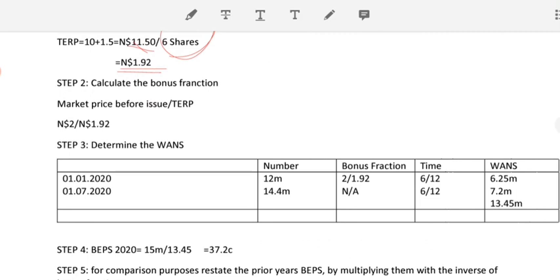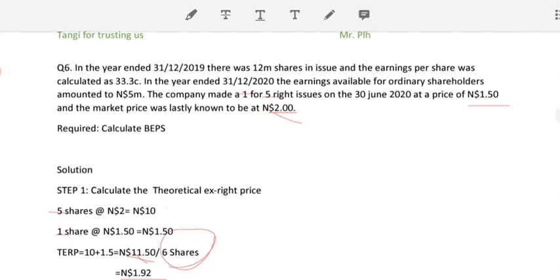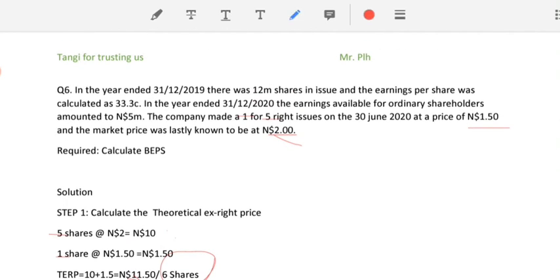Okay, starting from the 1st of January 2020 to the 30th of June 2020, we have been having 12 in issue. This 12 is what we have been having until this date.